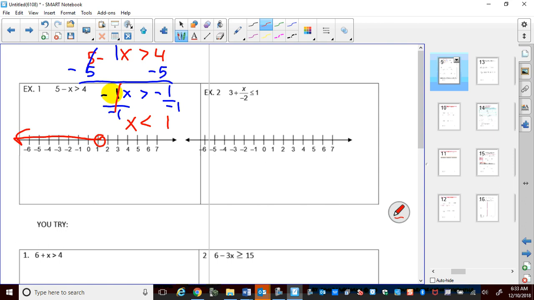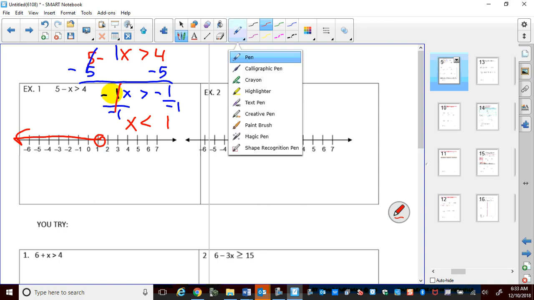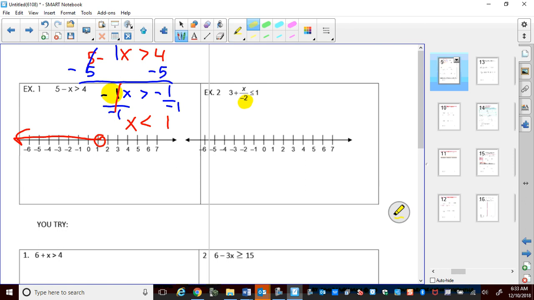Example number 2. I'm just going to highlight the number that's going to make this symbol flip, and then we're going to go through it. So 3 plus x over 2 is less than or equal to 1. And then I subtract 3 on both sides, right?